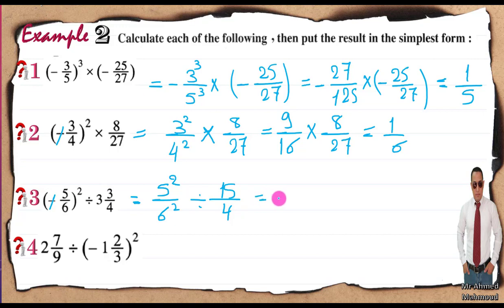Now 5 to the power of 2 equals 25, 6 to the power of 2 equals 36. Remember with me the division of fractions. When we divide fractions, I'm going to change divide into times, and 15 over 4, make this fraction upside down like this, 4 over 15. Finally, the result equals 5 over 27.